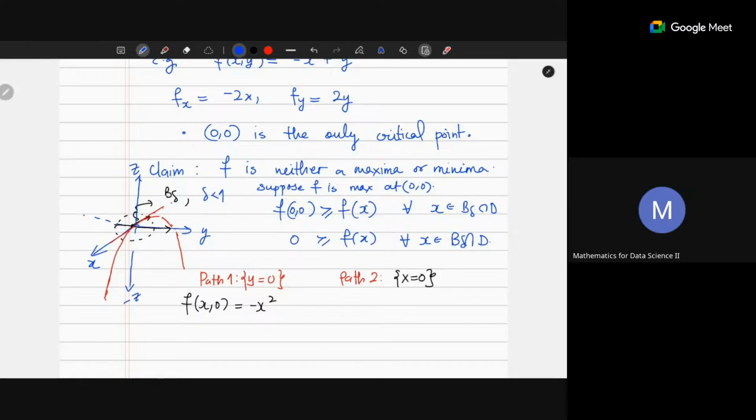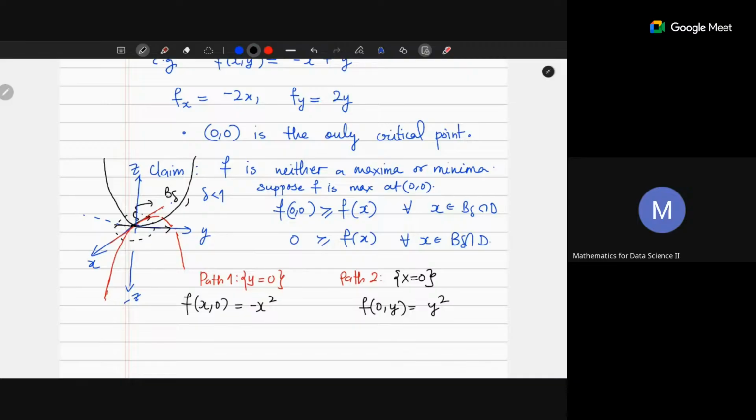But if I go along path 2, what do I get? I get y square. Now, for y square, what kind of function is it? It is a minimum. So along the y-axis, it is a minimum.